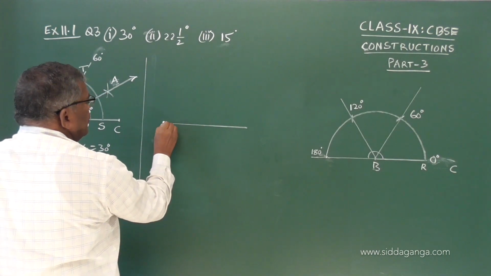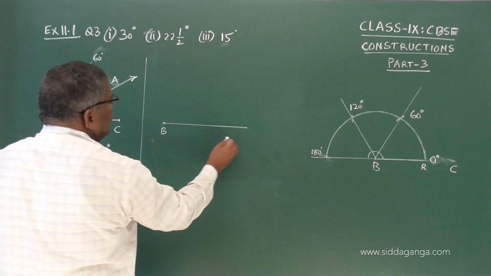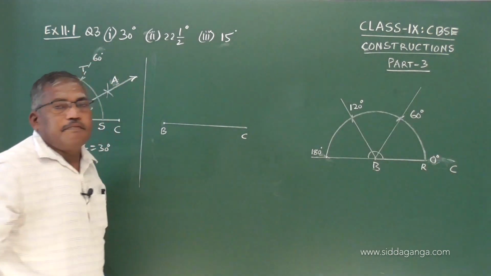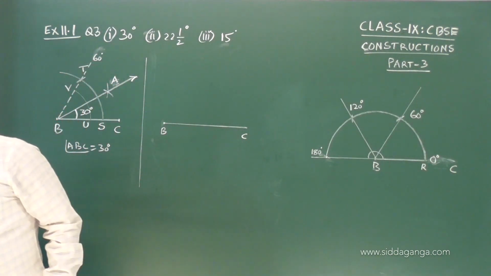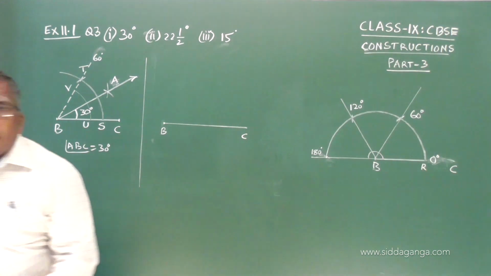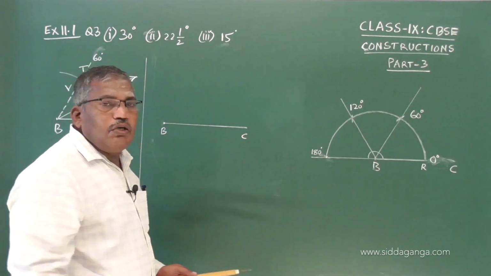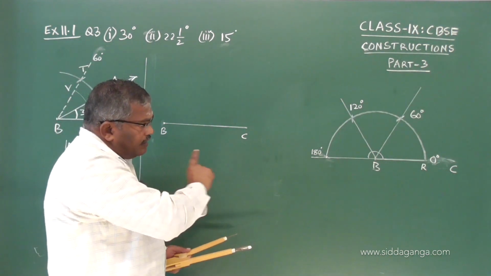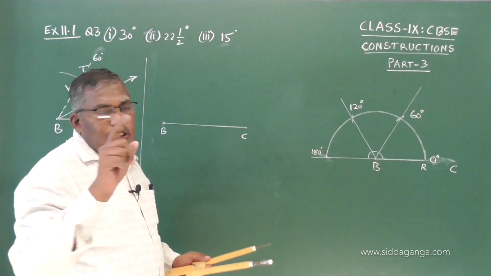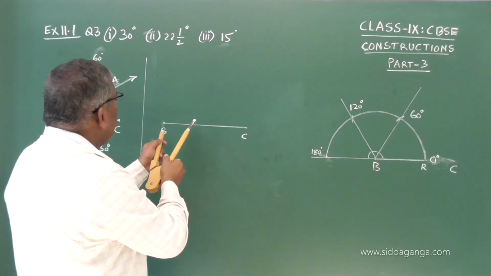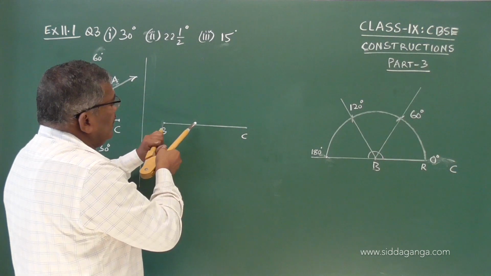This is B, this is C, let us say. Now with the compass, you remember always we are using only a scale and a compass. Only two instruments we are using to construct any angle.